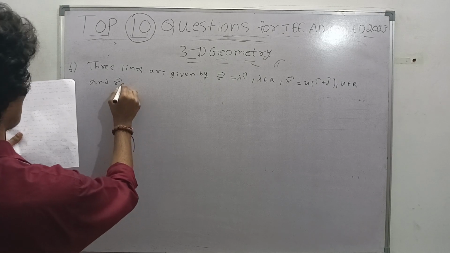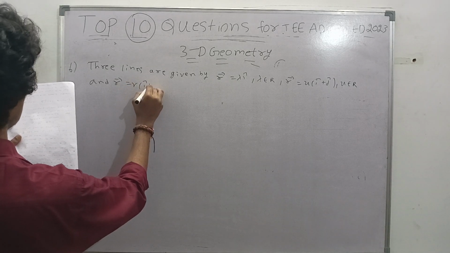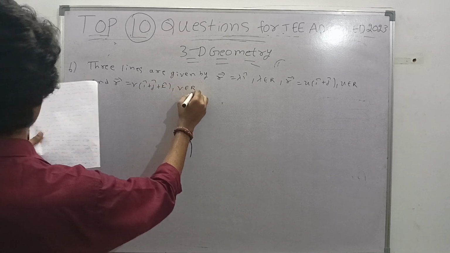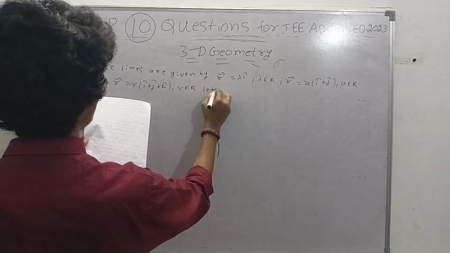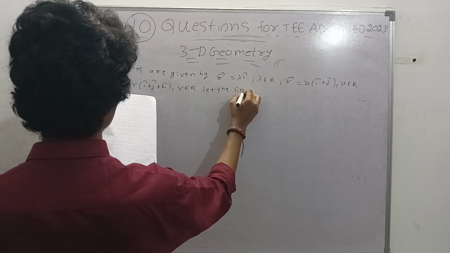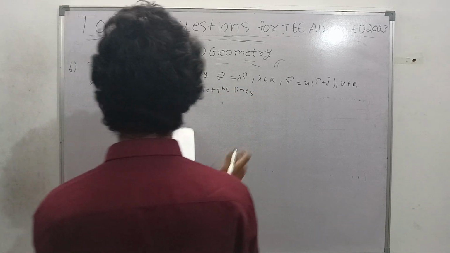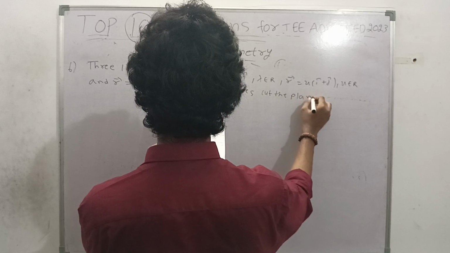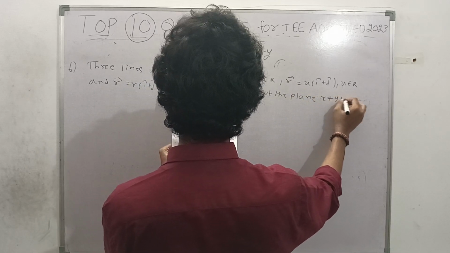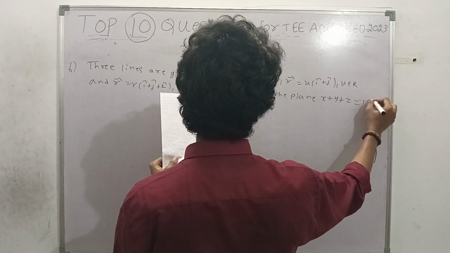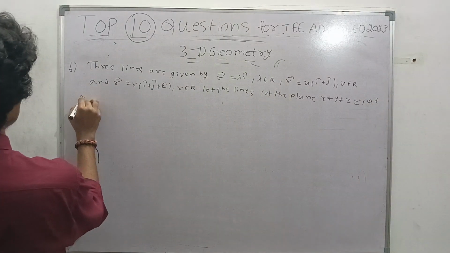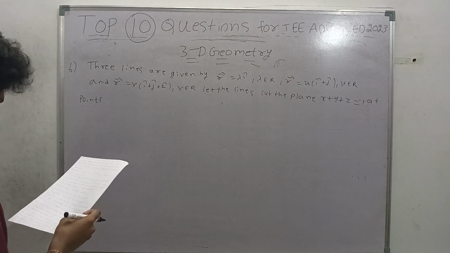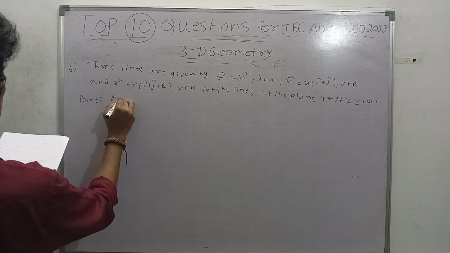And finally r bar equal to gamma into i cap plus j cap plus k cap, gamma belongs to R. Let the lines cut the plane x plus y plus z equal to 1 at points A, B, C.